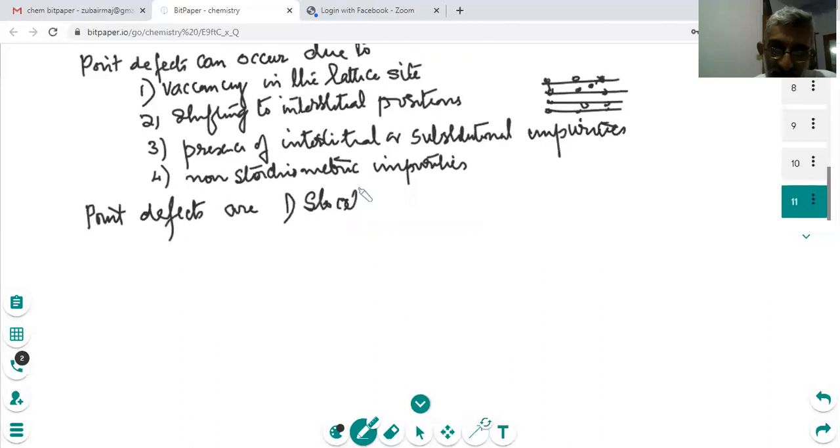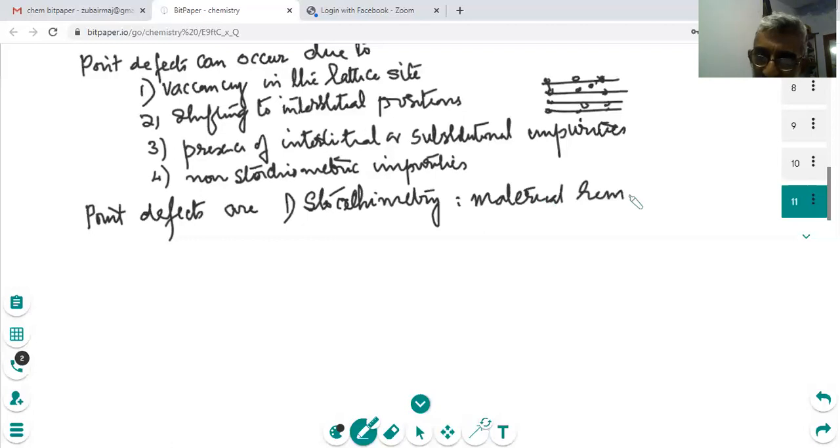Stoichiometric means you are not changing the overall stoichiometry of the crystal. That is, the formula will remain the same. Say, for example, if you have NaCl, it will remain NaCl itself. The number of cations will be equal to the number of anions. That is the meaning of stoichiometric. So the material remains unaltered. Only the position will change.